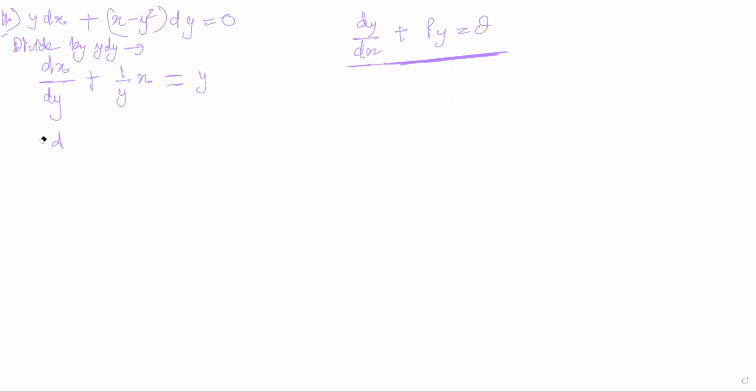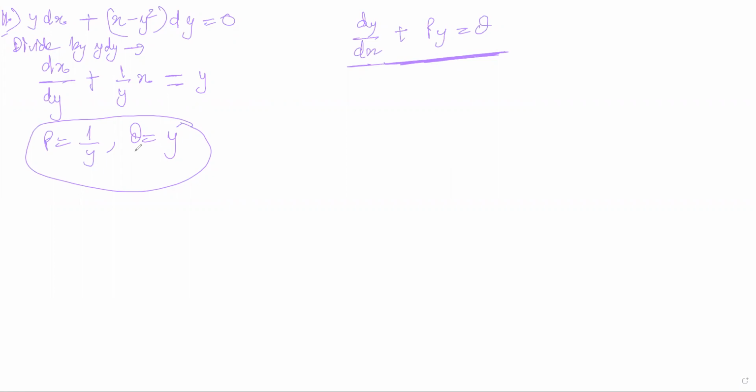Hence P is 1 by y and Q is y. Now you can further solve it. I'm not interested in the procedure part because we know that part already. The variety is that you won't be given the equation directly. You have to first arrange it and make it the required differential equation form.